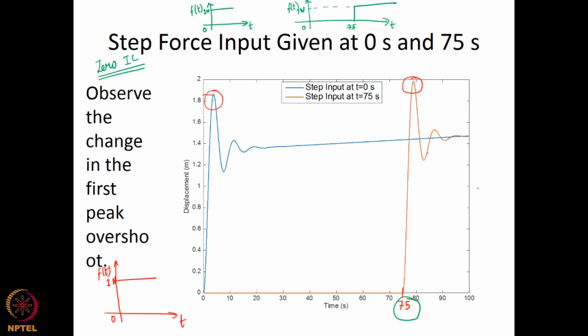Why? Because we have a time varying system. You can see that the peak of the oscillations has increased in the red curve when compared to the blue curve, so the responses are becoming different.